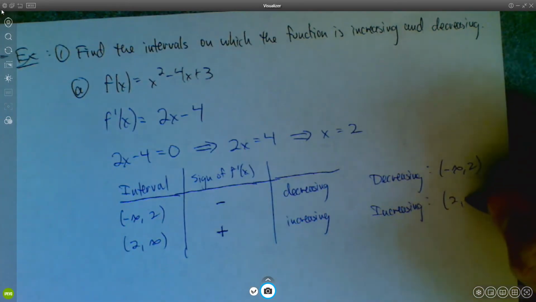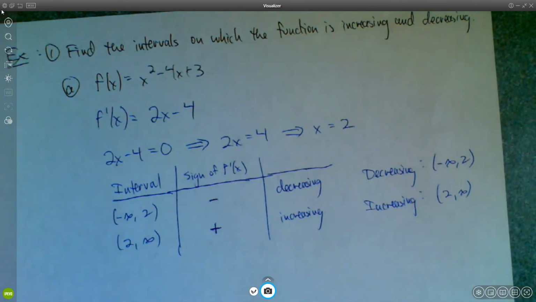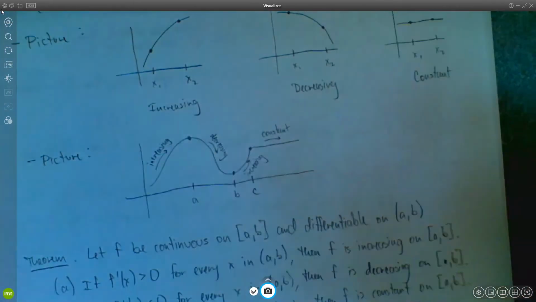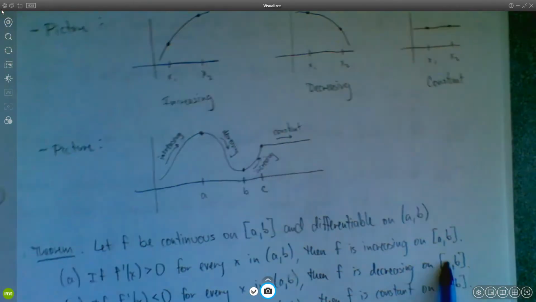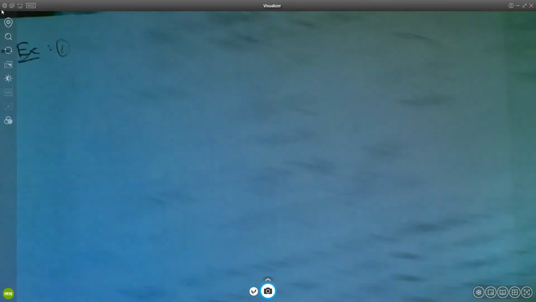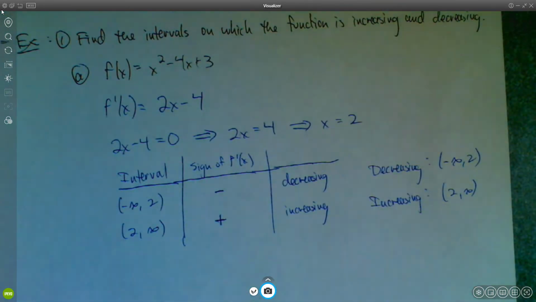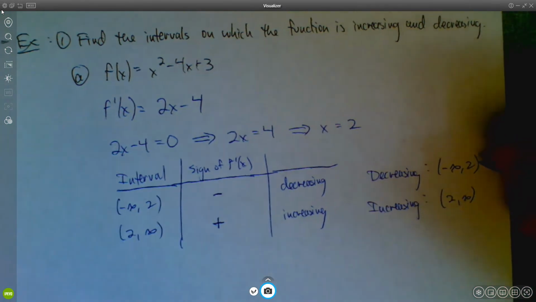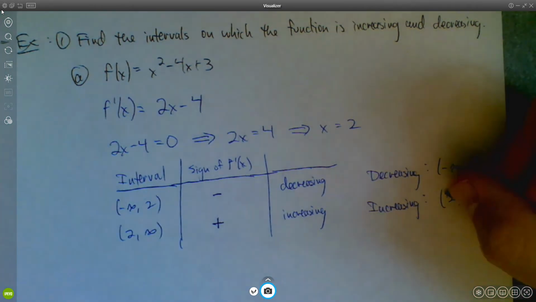from 2 to infinity. And actually, I guess with the theorem that we looked at here, we actually said that it would be increasing and decreasing on these closed intervals. So really, you could close off the 2 and say it's decreasing from negative infinity to 2, including the 2, and increasing from 2 to infinity, including the 2.